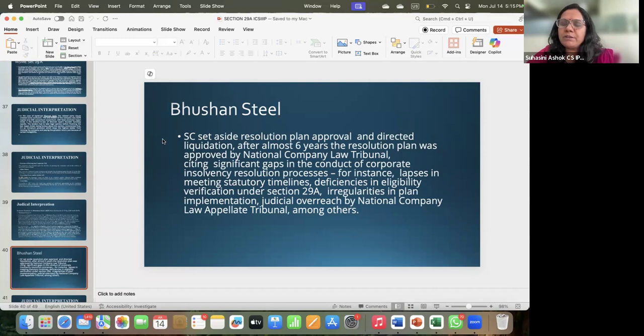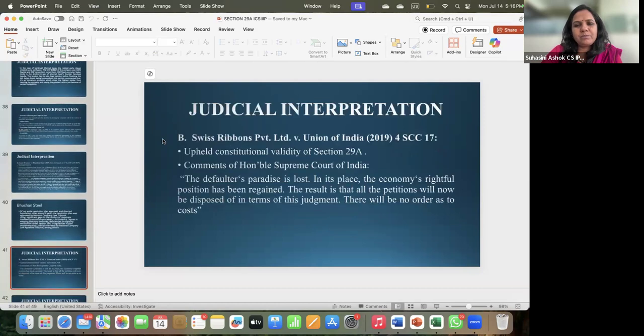Then one more is judicial overreach of NCLT, NCLAT. That means NCLT, NCLATs, whatever is their jurisdiction, they have decided and given orders overreaching their powers granted under IBC.